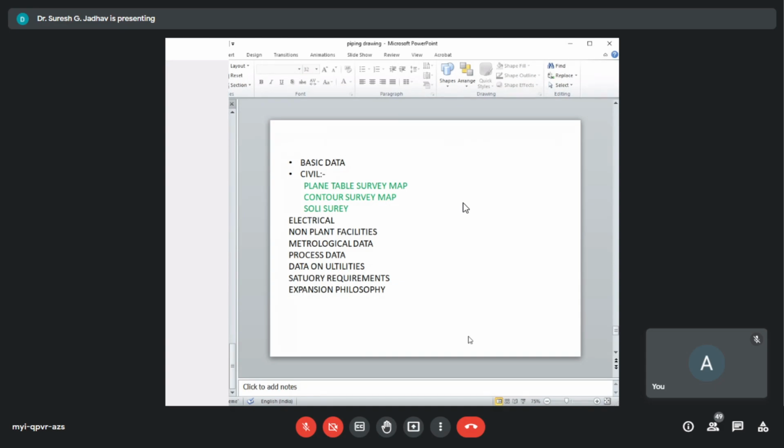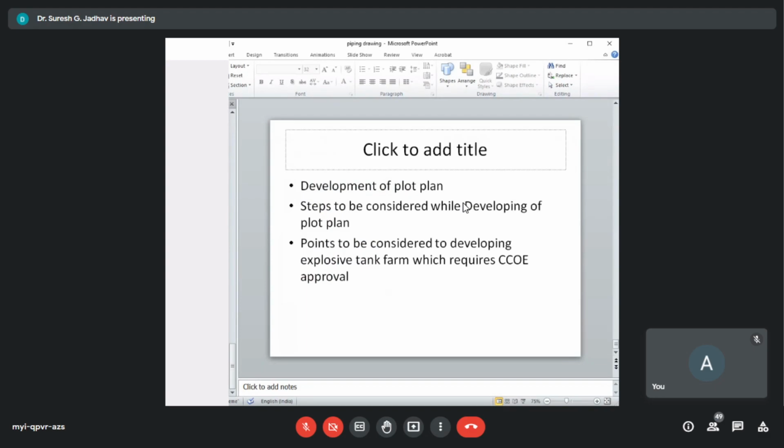So now the next parameter in the process industry is the development of plot plans based on the data collected, as we discussed above in all the sections. Then see the detailed work out so that this can be used for the development of plot plans.